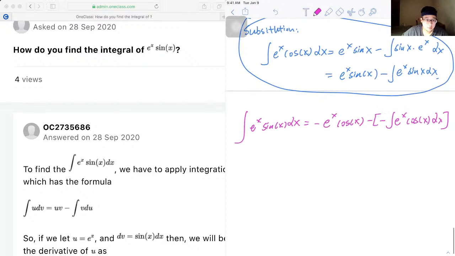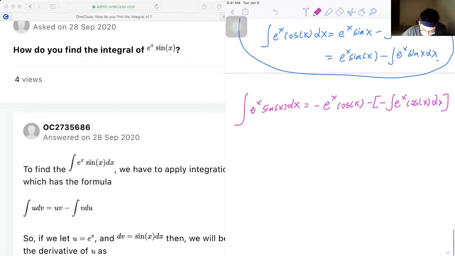And we get negative e^x cosine x minus negative e^x sine x plus integral e^x sine x dx.